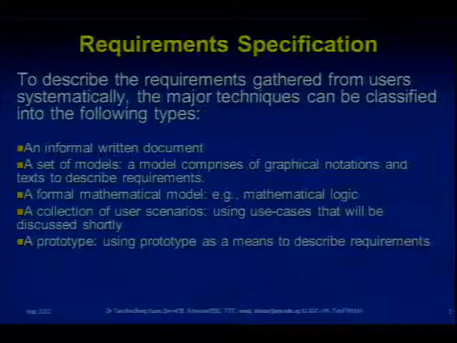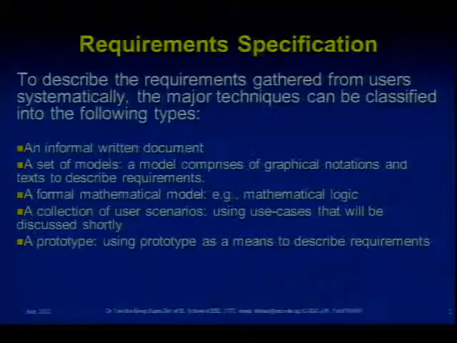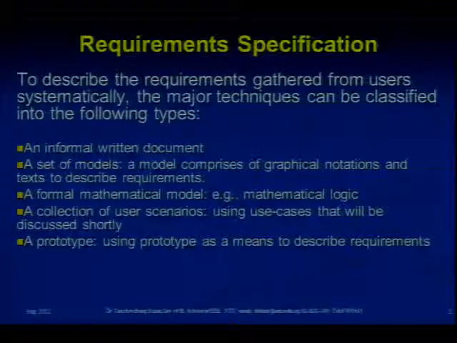That is very tedious and very time consuming. The advantage of doing that is once you define everything precisely using mathematics, then subsequently after you have developed the system, you can verify the correctness of the system automatically. That is the advantage, but it is very time consuming and very difficult.